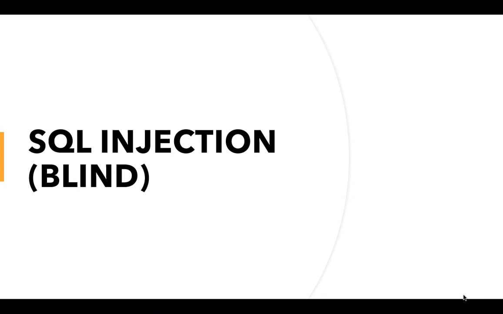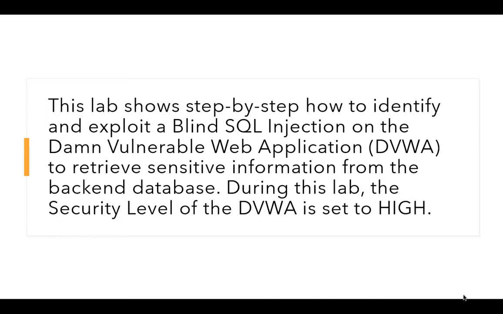So let's talk about the most important thing we are going to discuss. The purpose of this video is to tell you what SQL injection and blind SQL injection are. This lab shows step by step how to identify and exploit a blind injection on the Damn Vulnerable Web Application, DVWA, to retrieve sensitive information from the backend database.